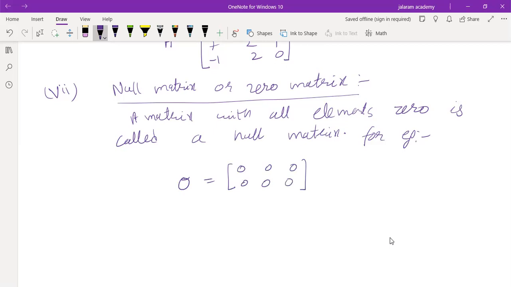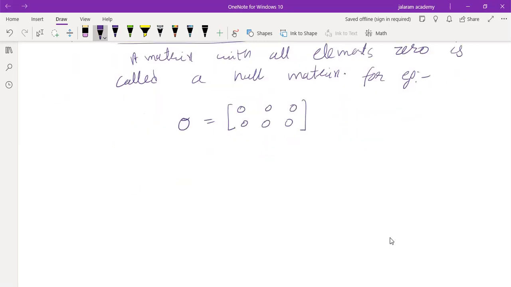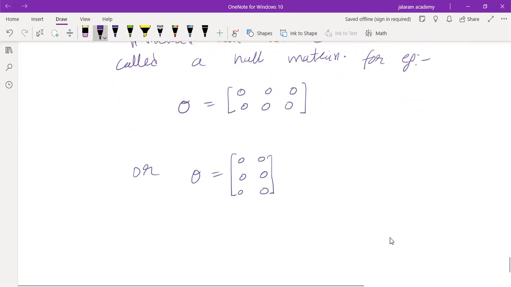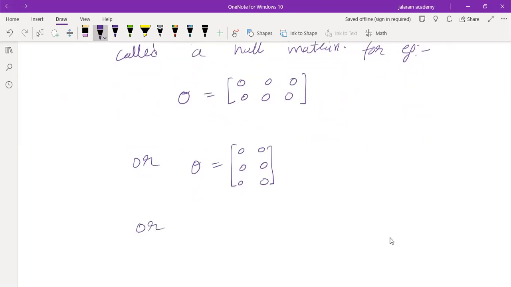It can be a row matrix, which means it can be a horizontal matrix. It can be a vertical matrix. Or it can be a square matrix. Is that clear to you?